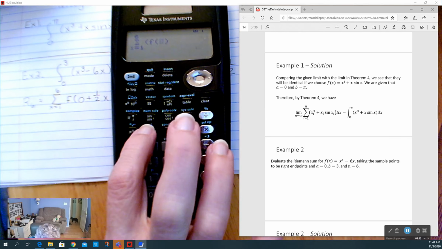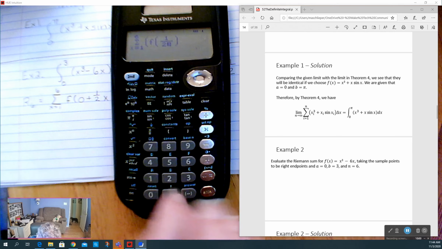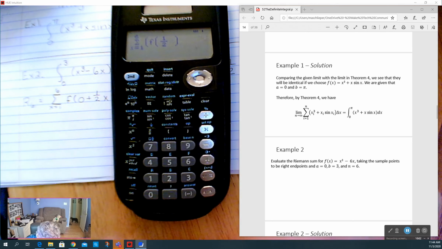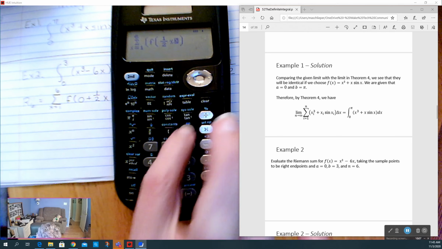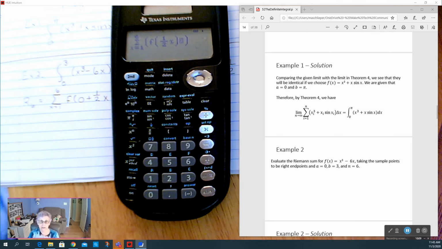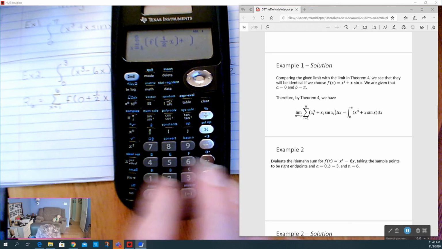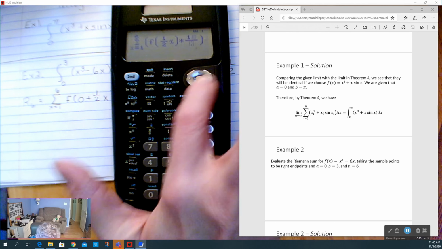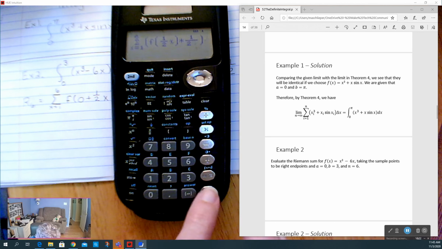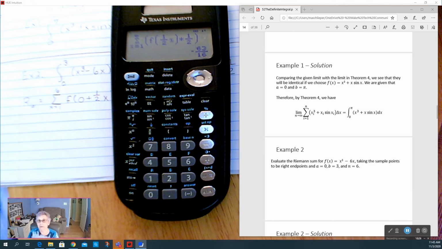So I'm just going to put 1/2 of x. Close my f of parentheses. So I'm doing f of 1/2 of x and then times delta x, which is 1/2. And I get negative 63/16.